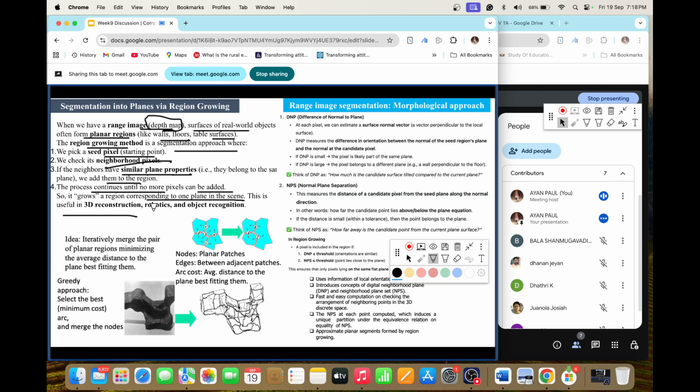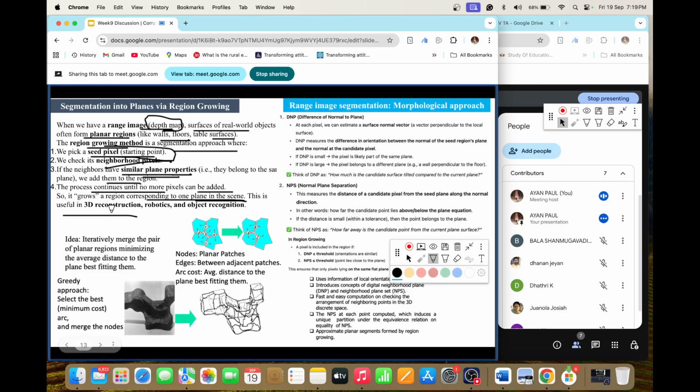By this, the one seed pixel grows to correspond to one plane in the scene. We only started with a seed pixel, but after adding all the neighborhood pixels with similar plane properties, we reach this plane in the scene.